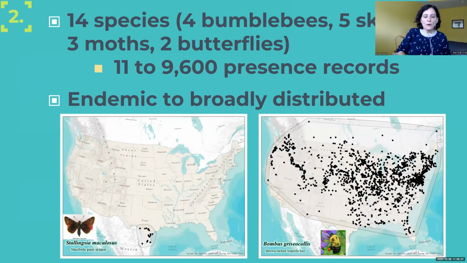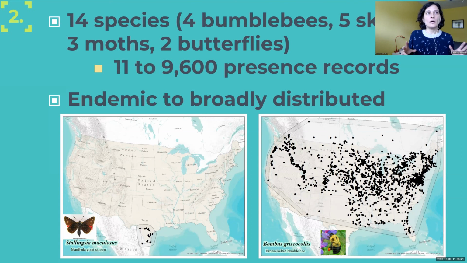Okay, so our goal was to go through lists of species of conservation concern, pollinators of conservation concern in the Great Plains, and then estimate the potential climate change effect on the distribution of these species.